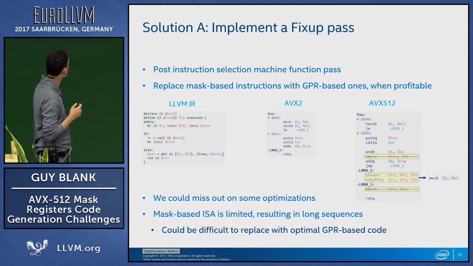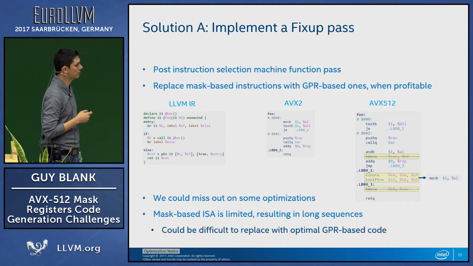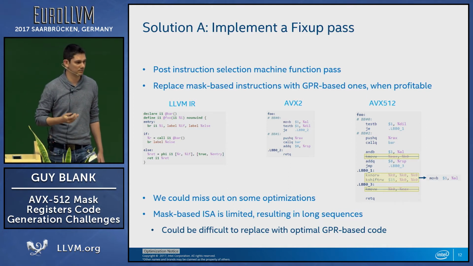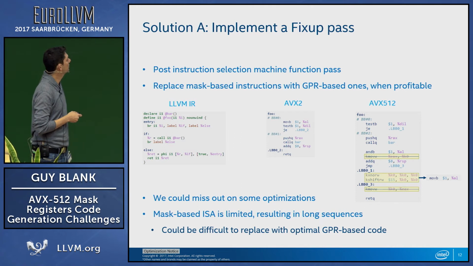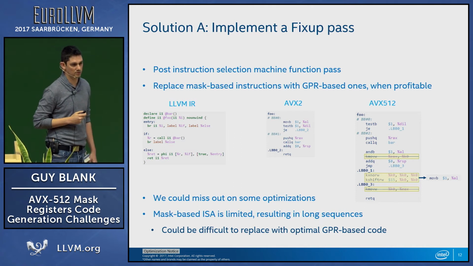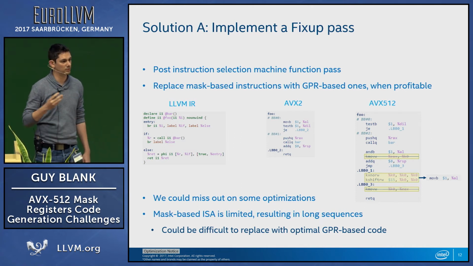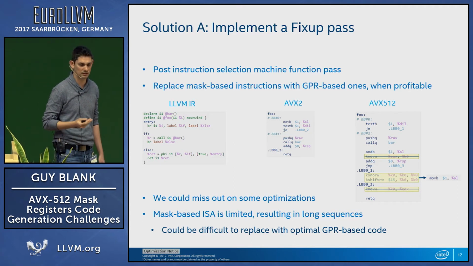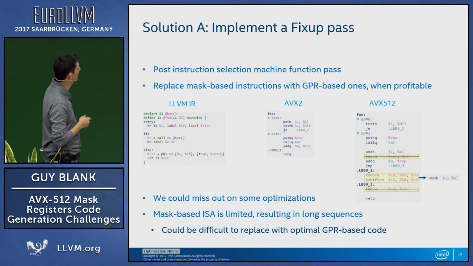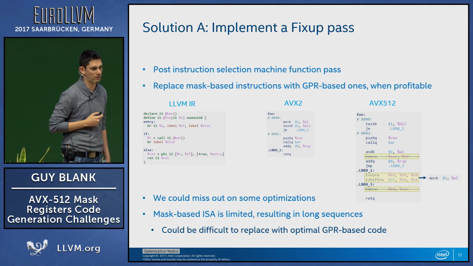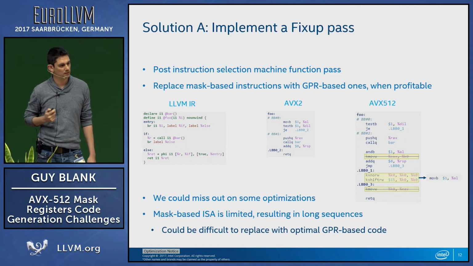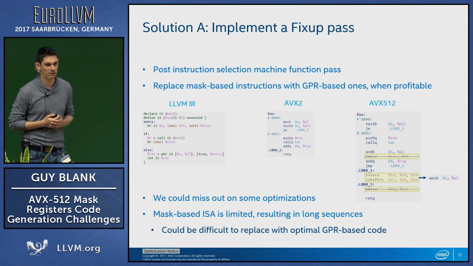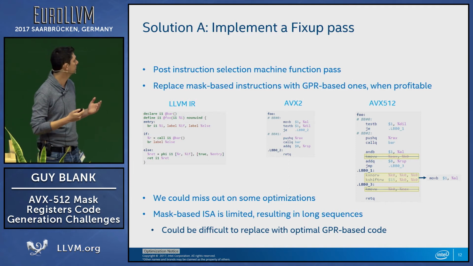But since there aren't many mask-based instructions compared to GPR, there could be long sequences using mask registers when the optimal GPR sequence can be just 1 instruction or at least fewer instructions. And it might be difficult to find all these patterns after the instruction selection. We wouldn't want to rewrite all the patterns in the instruction selection in a pass.